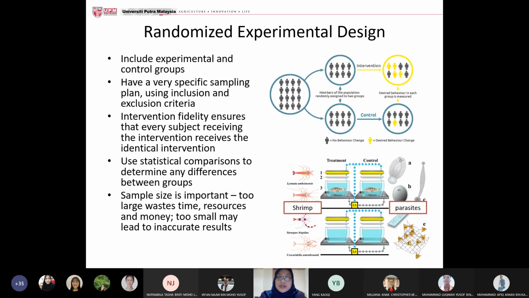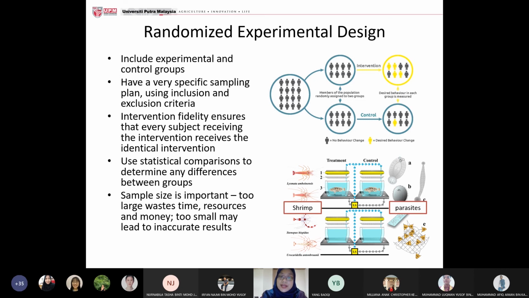You have some sort of intervention or some sort of program. Okay, so for the experimental group, they will undergo the program, but for the control group, they won't. So if the yellow one is the desired behavior change, for example, you can see immediately how many people are affected by that program.